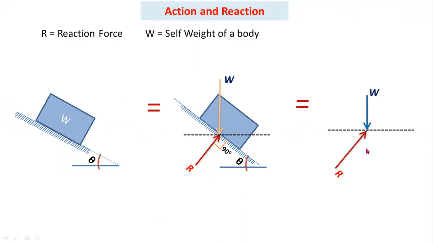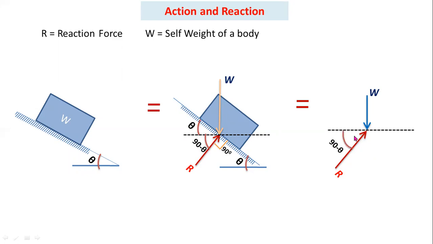Now you have to identify the angle of inclination of the reaction force with respect to vertical or horizontal. In this case, you can observe the inclined plane makes an angle theta with respect to horizontal. So here also the angle is theta. Now the angle between this reaction force and this horizontal reference line is 90 minus theta.